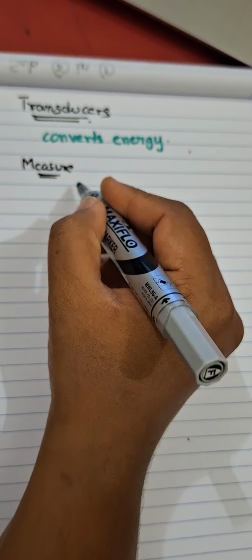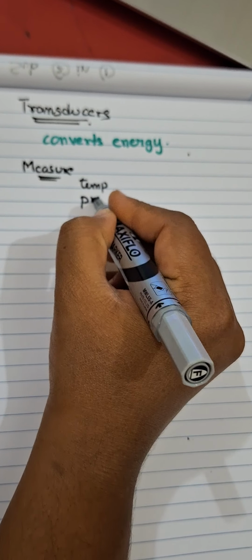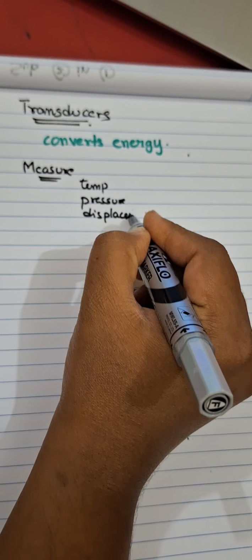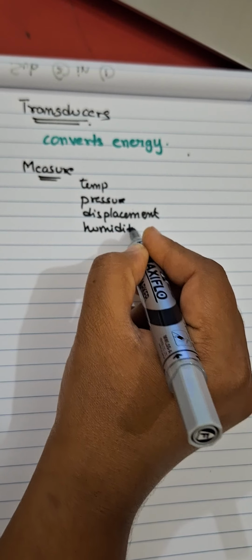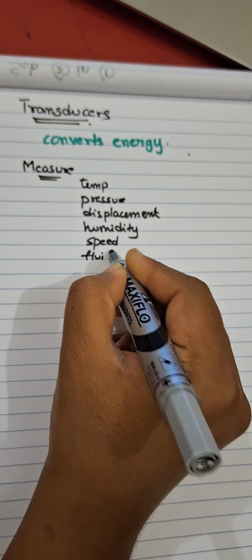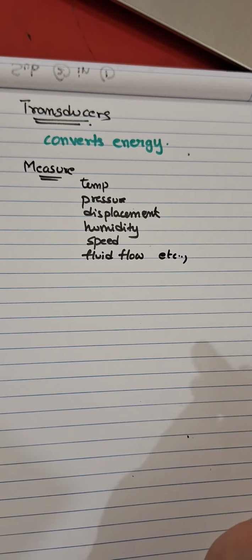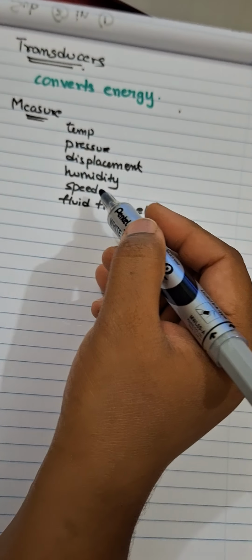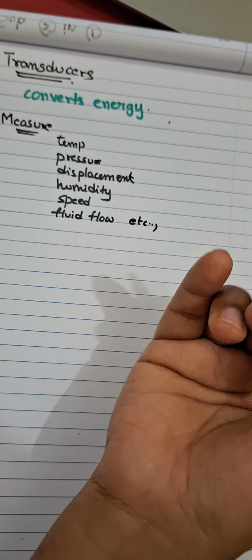Non-electrical quantities are temperature, pressure, displacement, humidity, speed, fluid flow, like that. There are many quantities which are non-electrical. So usually these are the quantities which are not directly measured. It's not easy to measure them.